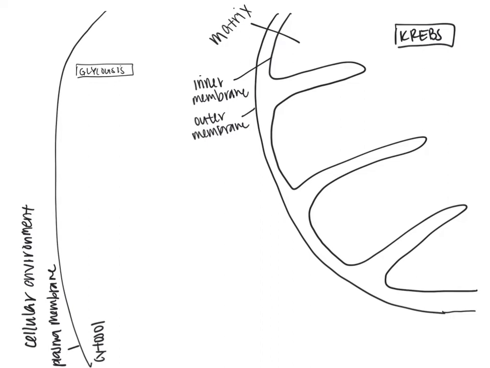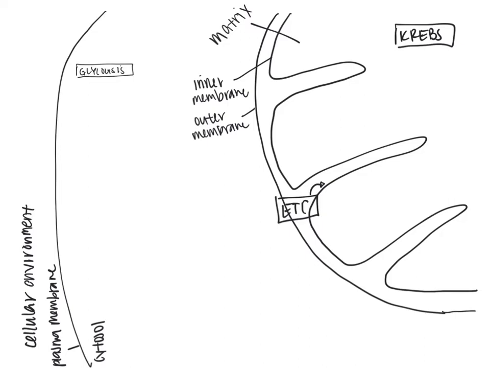And then we're going to have the electron transport chain, or oxidative phosphorylation, you might hear it called. It's going to occur here in the inner membrane. All right. We'll zoom in on each of these a little bit later, okay?